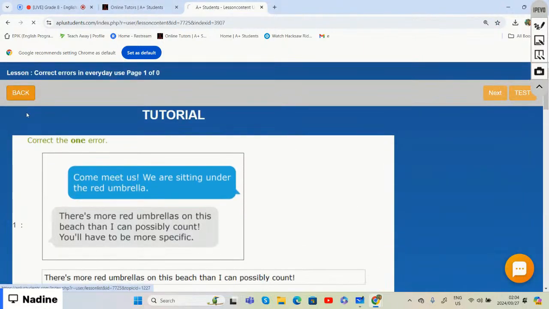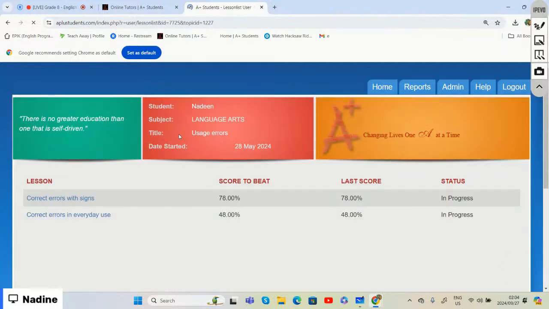All right. So our chapter will be usage errors. Our subject is English Language Arts. Grade 8.